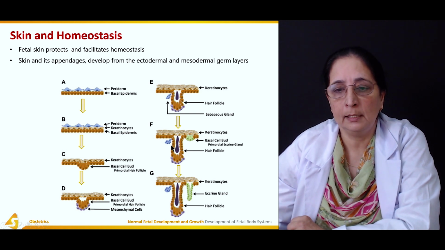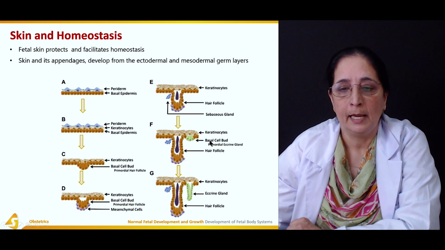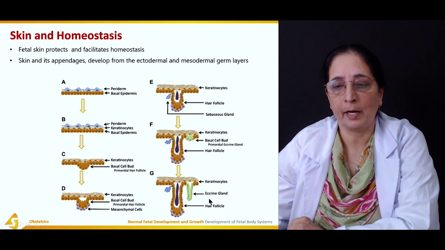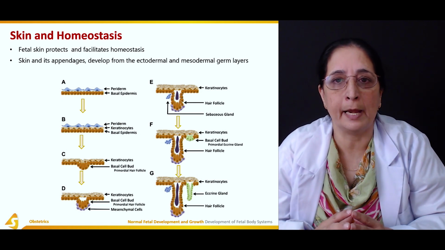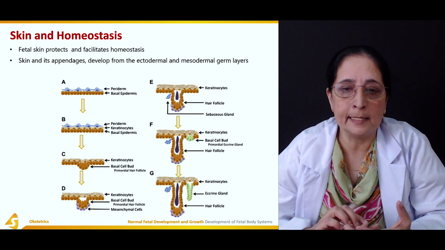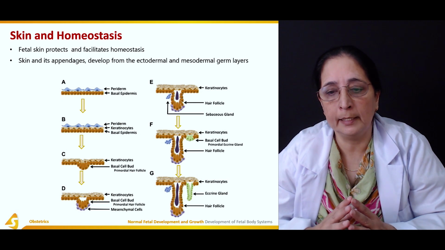With the hair follicle and basal cell bud, eccrine glands are now forming, along with the sebaceous gland. That's how the skin and its appendages, hair and the glands, including sebaceous glands and eccrine glands, are produced.